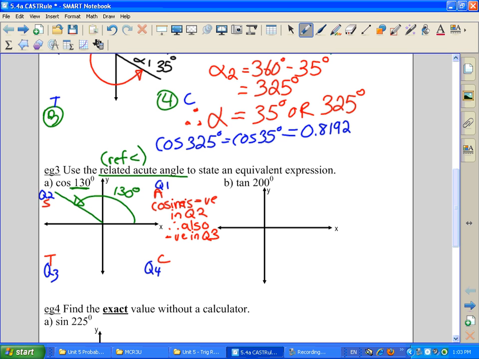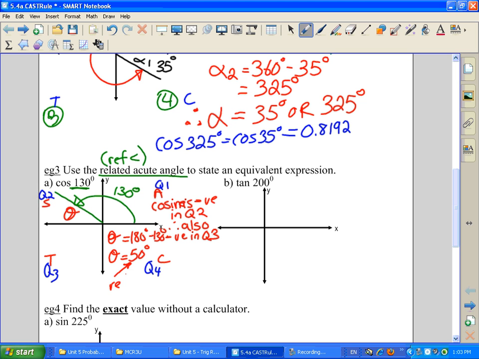Okay, but the first thing we want to do is try to find our reference angle, because we're going to use a reference angle to help us. So theta is what we're going to find here. So theta equals 180 degrees, subtract 130. So theta, which is our reference angle, is 50 degrees.